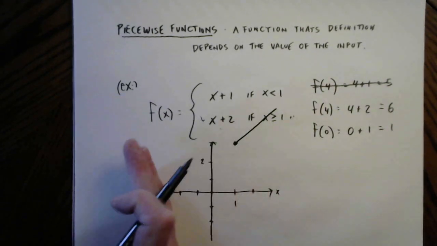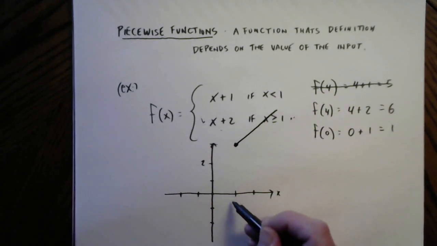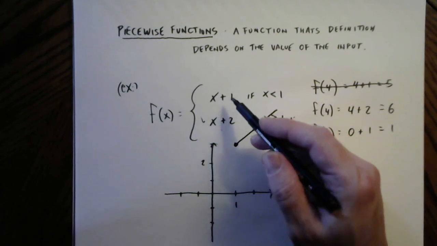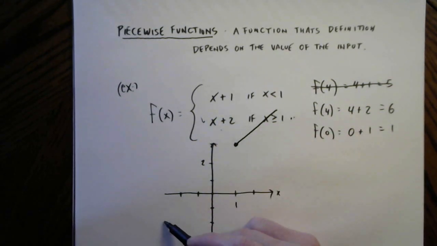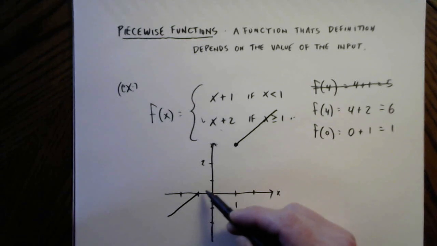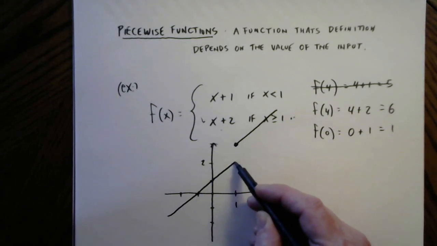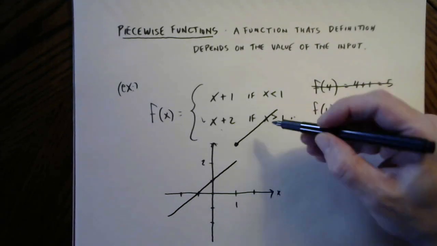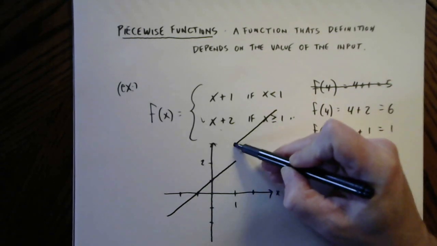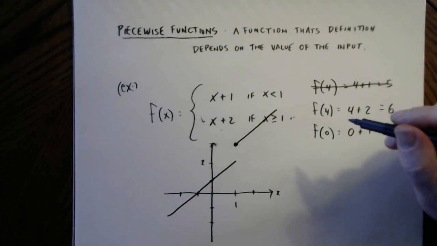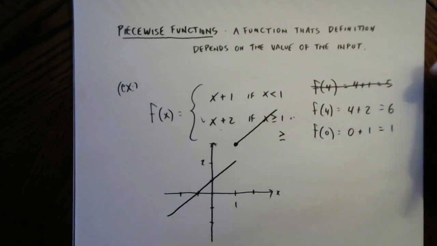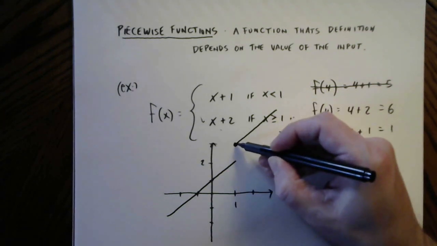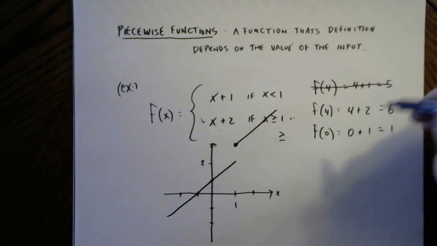Now what if x is less than 1? That's to the left of this tick mark. That'll be this line, y-intercept 1, slope 1. So that looks like this. And now here's a key part of this. When I did this piece, notice I ended with a solid dot. That's because of this symbol: greater than, which is the line, or equal to, that's the dot.